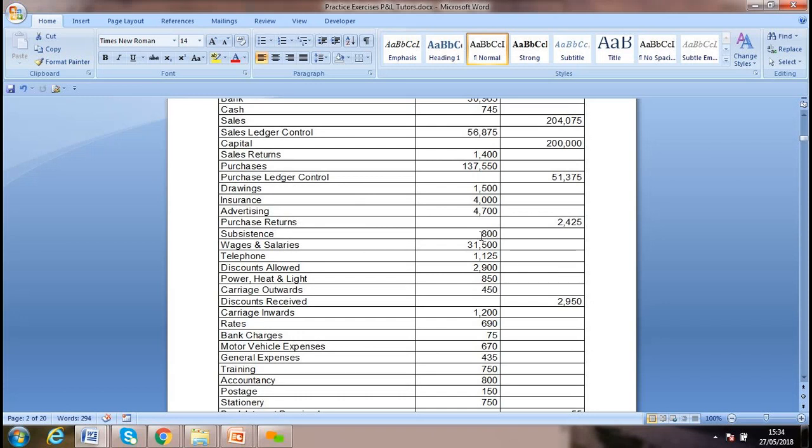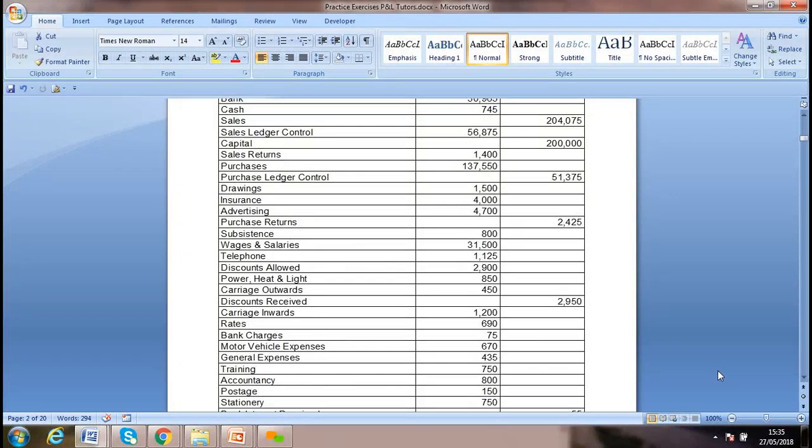Wages and salary is expense. Telephone is expense. Discount allowed is expense. Power, heat, light is expense. Carriage outward is expense. Discount received is income. Carriage inward is a delivery charge, expense. Rates is expense.